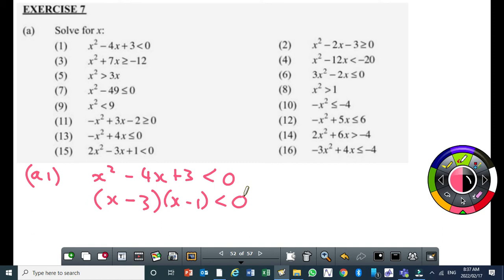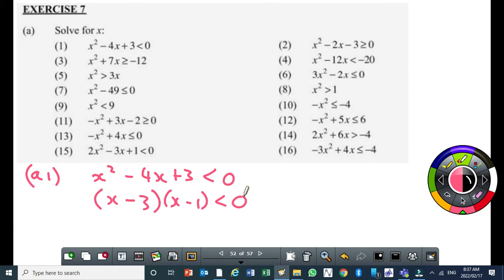Then, from here now, you need to determine what are called critical values. Critical values are actually the solutions or the roots of a quadratic equation. That is, if you treat this quadratic inequality as a quadratic equation in quotes. So, for a while, you treat it as a quadratic equation by replacing the inequality sign by an equal sign.